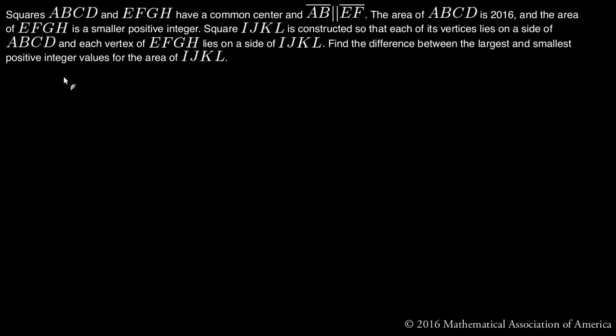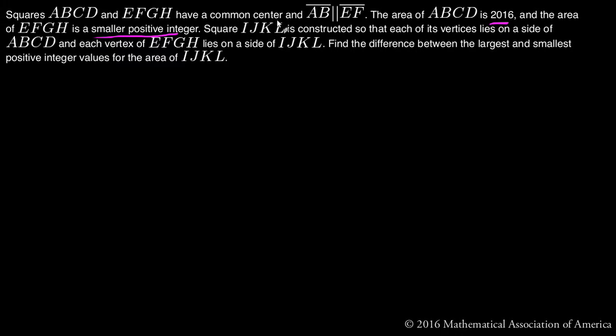On to another AIME problem, the 2016 AIME 2, question 7. Squares ABCD and EFGH have a common center, AB parallel to EF. The area of ABCD is 2016, and the area of EFGH is a smaller positive integer.